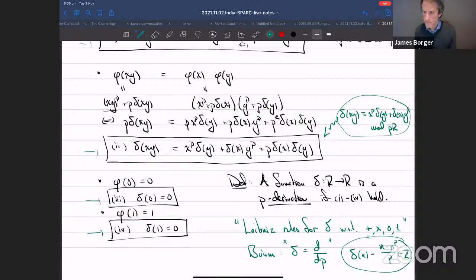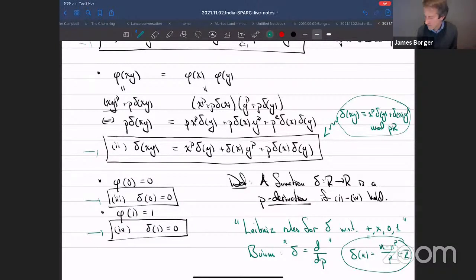I mean, it's the derivative of the Frobenius map, right? I wouldn't say it exactly that way. On the integers, the Frobenius map is the identity, so is it the derivative of the identity?